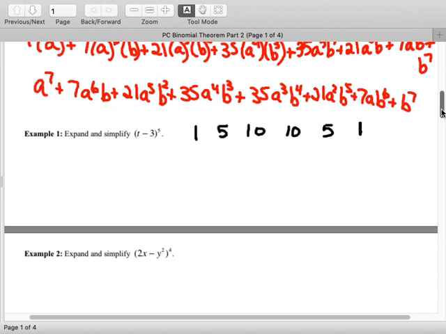And what I'm hoping is that once you do enough of these, like a third power is 1, 3, 3, 1. Your fourth power is going to go 1, 4, 6, 4, 1. The 5 is 1, 5, 10, 10, 5, 1. You should begin to just remember them because you're doing them so often. So I'm going to set up number 1. This is kind of what I would expect to see.